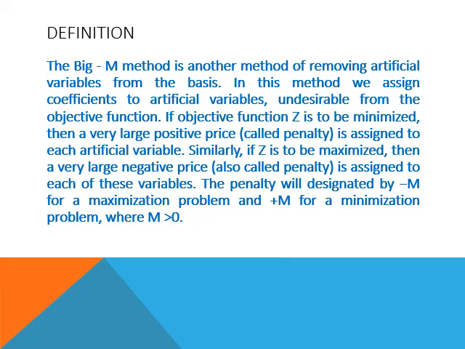On the contrary, if the objective function is to be maximized, a large negative M is assigned to each of these variables, which we know as big M.